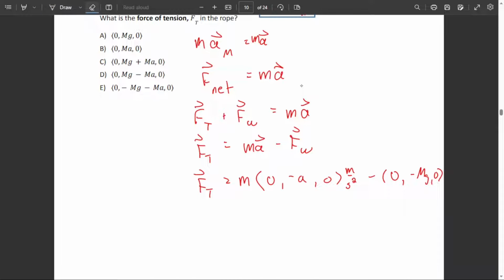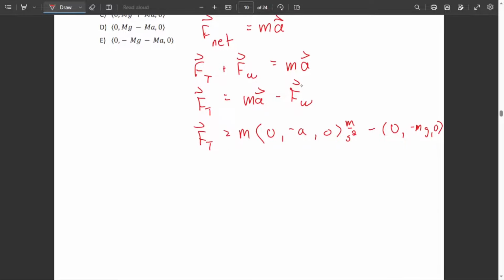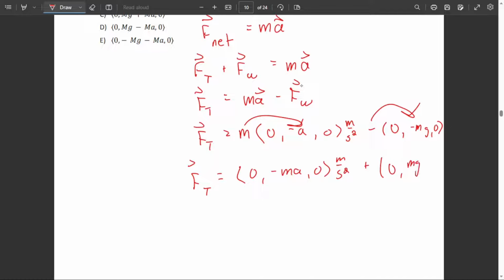Hold on, I'm mixing units. Let's use the lowercase m. And that's the mass of the block times gravity. And it's negative again because force of weight points downwards. So if we distribute this negative in, we get the force of tension is equal to 0, negative ma, 0, plus 0, mg, 0.